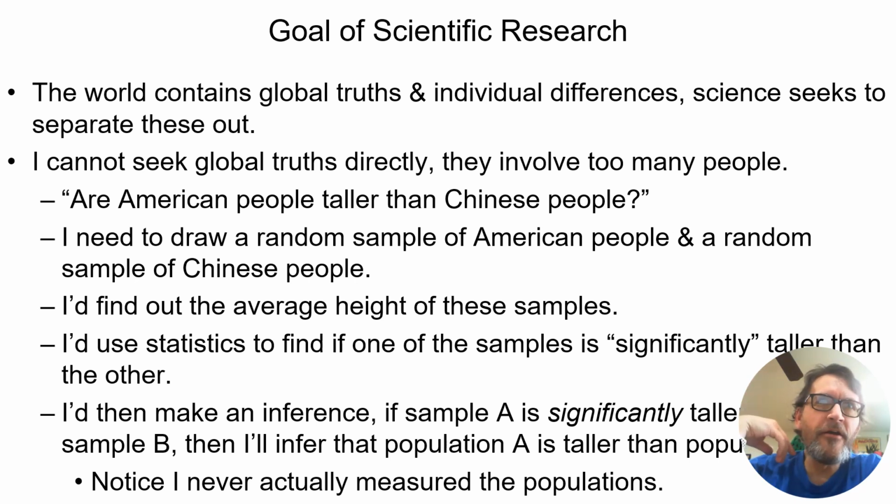Like, are American people taller than Chinese people? Sample 350 million Americans and average height, and a couple billion Chinese people and their average height, and then maybe you can answer that question. No, you can't. So you do a random sample of Americans, a random sample of Chinese, you measure their height, and you find out. You use statistics, etc.